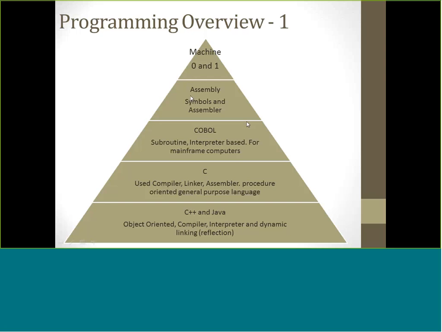What we have done is prepare a layer on top of the assembly language, so that it is easy for us to do the programming. Later on, after assembly, we had COBOL, one of the first subroutine interpreter based languages for mainframe computers.